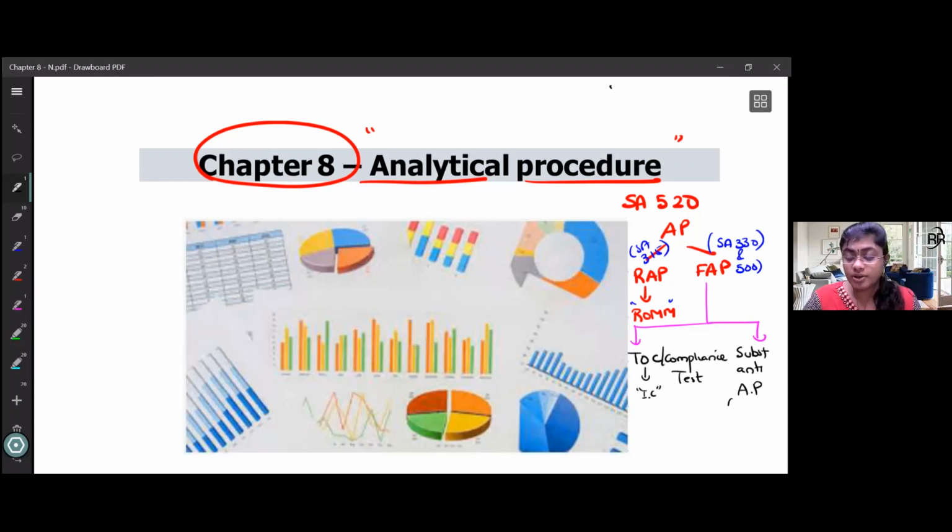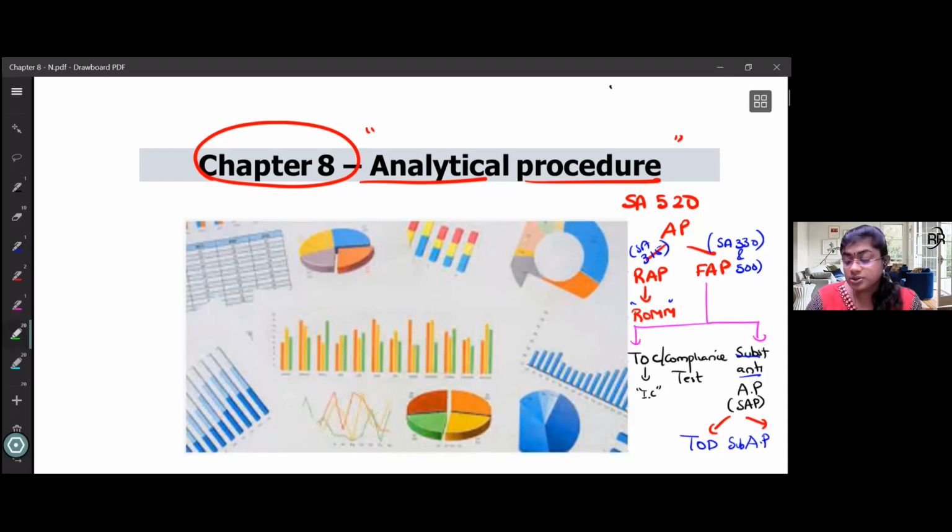Substantive audit procedure, we call it SAP, where you have mainly test of details, TOD, where you check the transactions and balance. And finally, you have the analytical procedure, which we say is substantive analytical procedure.